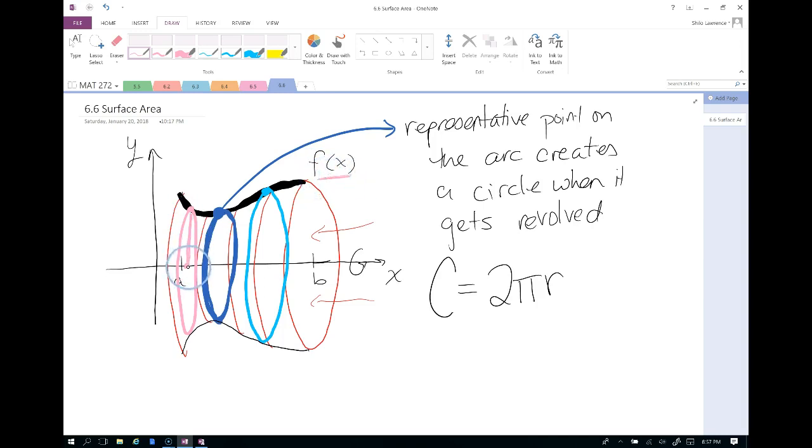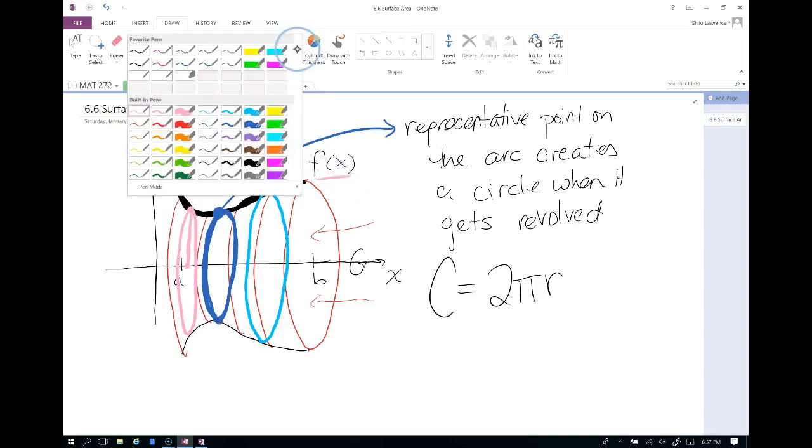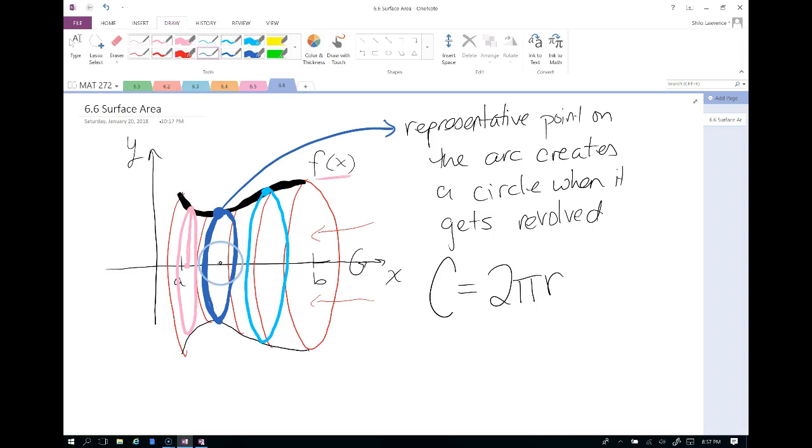We're going from our axis of revolution out to whatever that particular function value is. So for the blue one, the radius of this circle is axis of revolution out to the function, which is slightly different than the pink one. And then for the light blue one, axis of revolution out to the function, which is a little bit longer than the pink and the blue.